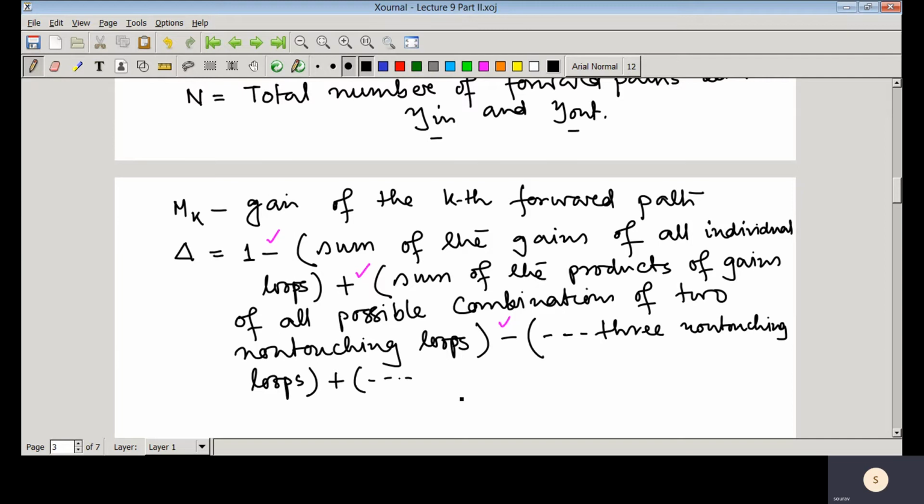Then again the sum of the products of gains of all possible combinations of four non-touching loops and so on. So this is actually delta.